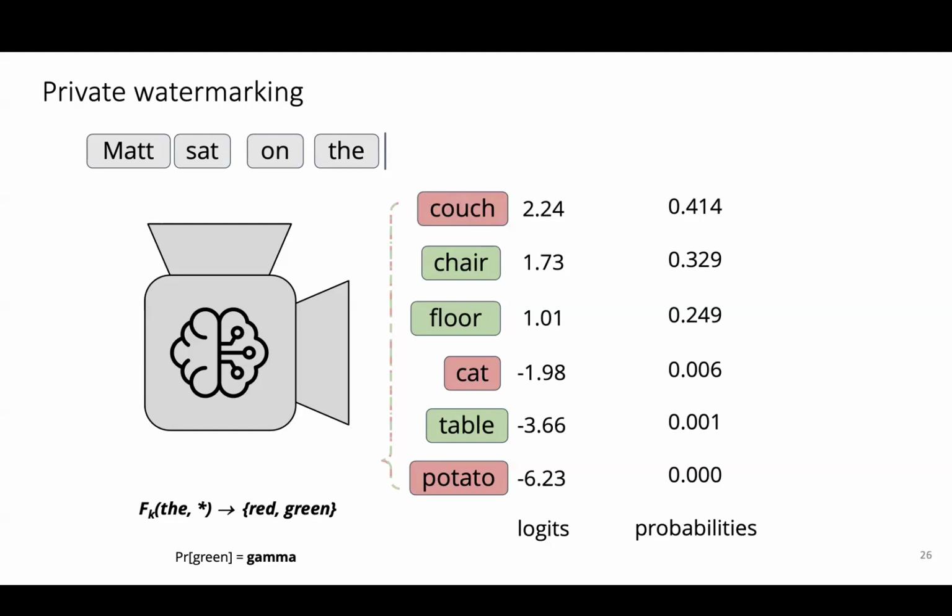Keep in mind here that the pseudo-random function is taking two things as input, the and the next word. So the comma couch is red, the comma chair is green. Depending on that, we're getting this partition. So every two words are deciding the combination.